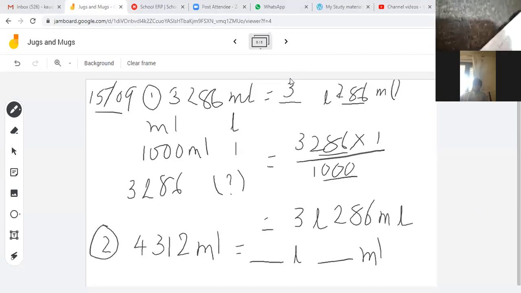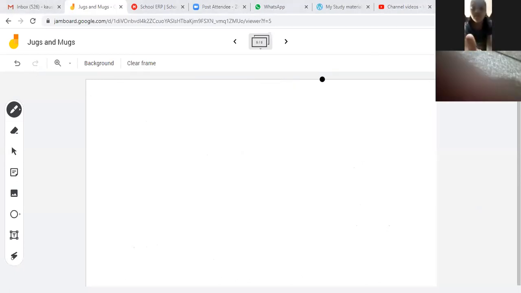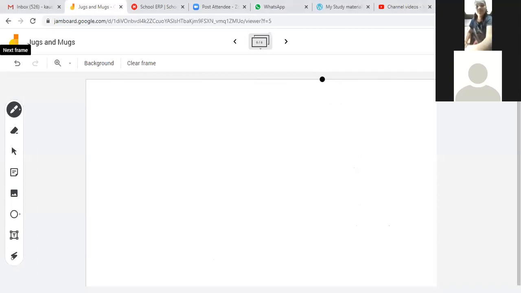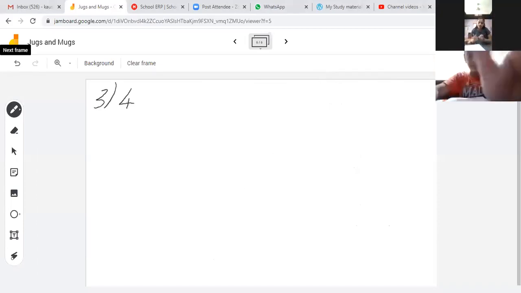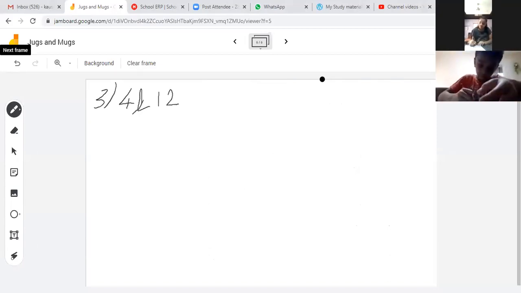Okay. So we are going to the next one now. Next one is, now what was the number here? Number 2, right? So let's do number 3, where 4 liter and 12 ml. Okay, 4 liter and 12 ml is equal to how many ml?